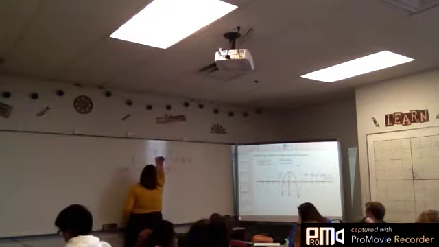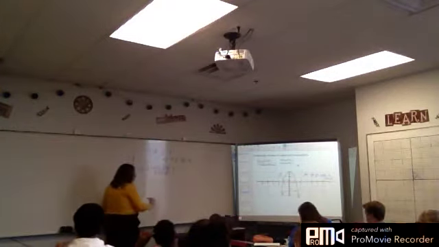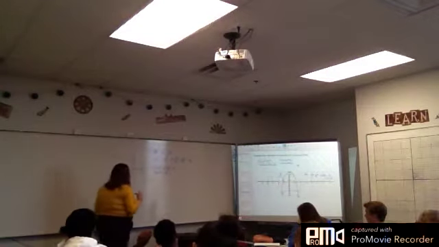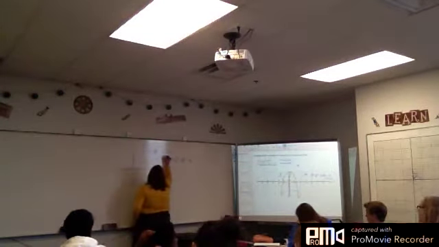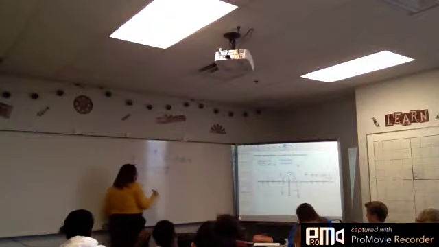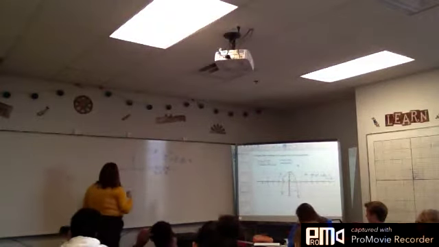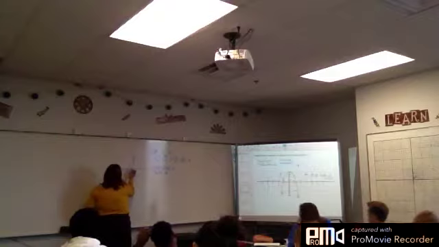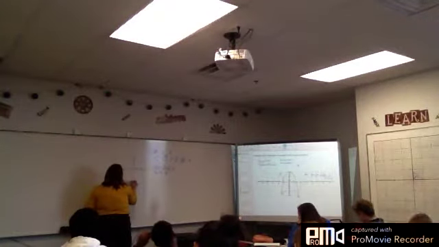What is negative 25 over 4 come out to be? Negative 6.25. Sometimes it might be easier to do these with decimals. Does that make sense?